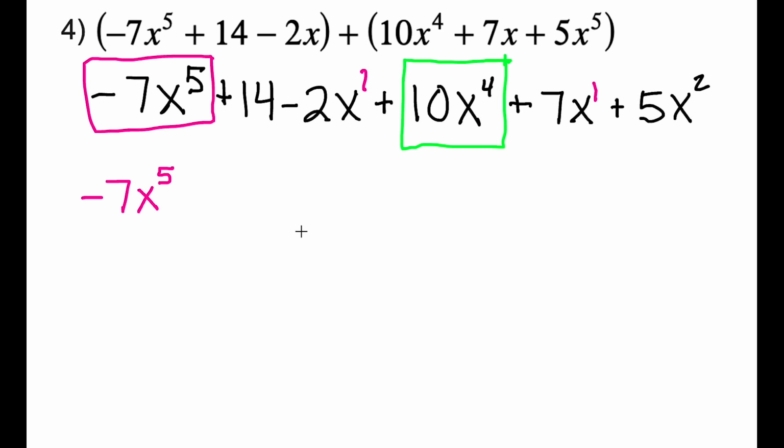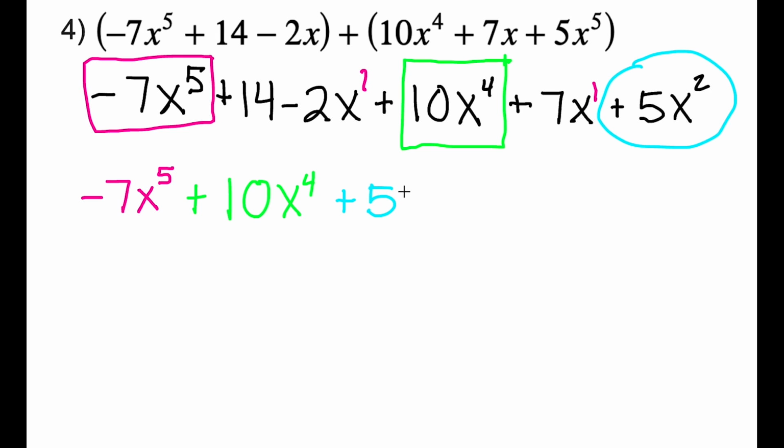There is no other x to the fourth, so once again, bring this down with the sign. 5x squared is also a term without like terms, so I bring that down as well.